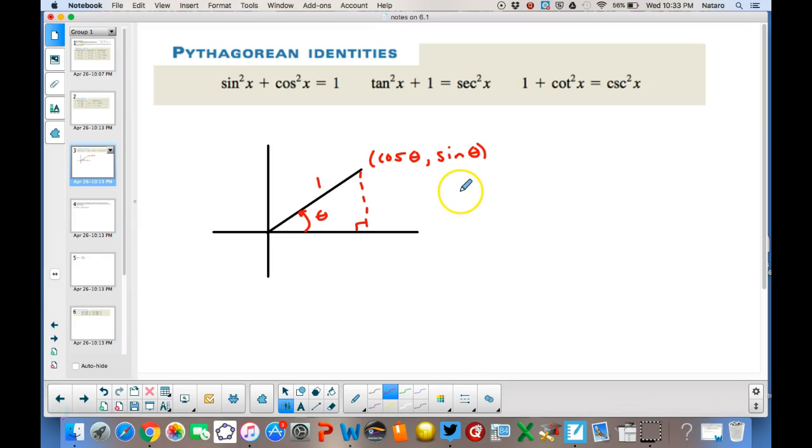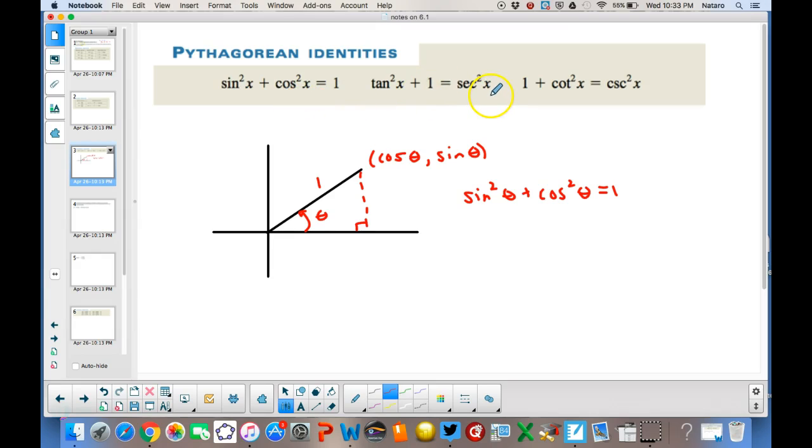So if we think about the Pythagorean theorem and substitute the numbers in, we'd have sine squared, that's our y value squared, plus cosine squared equals 1. So this is like our a squared plus b squared equals c squared, except we took the y-coordinate squared plus the x-coordinate squared equals 1 squared. So that's our first Pythagorean identity.